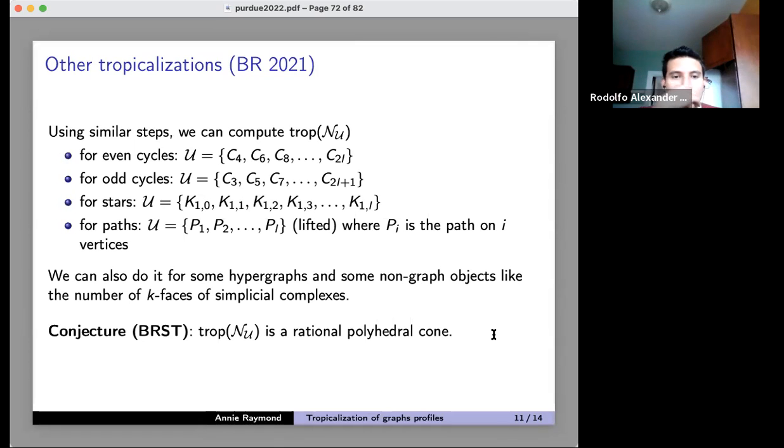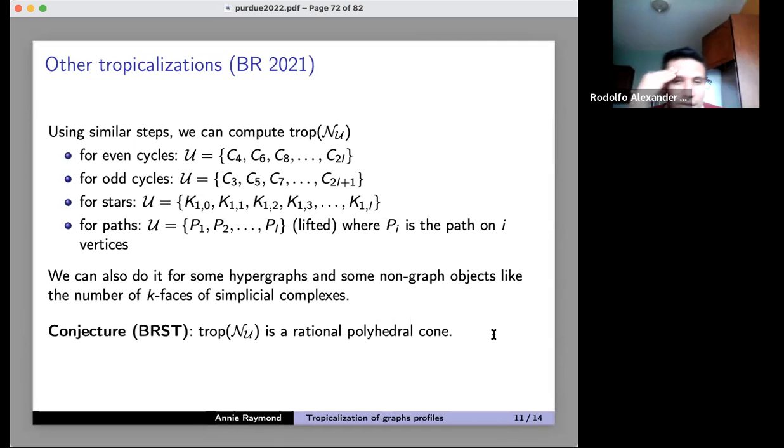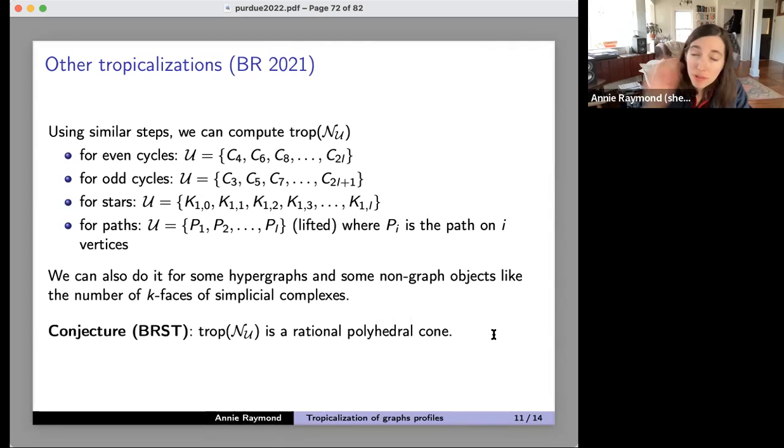Annie, I have also a question. I don't know if you mind. Oh yeah, of course, please. Thank you. The first one is how difficult or easy is it to check if a set has the Hadamard property? I don't know the complexity of that operation. Well, for graph profiles in general, it's easy because we know the construction.